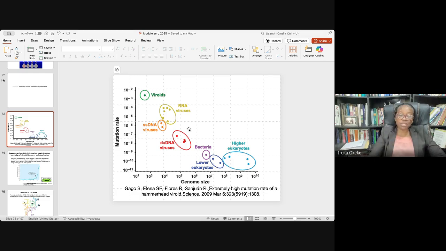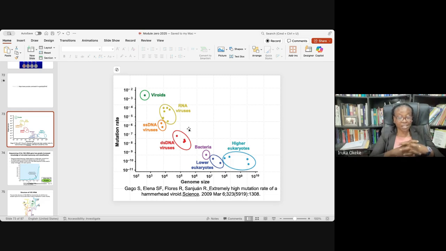The type of mutation that doesn't kill the organism but has an effect, that's rare. This is because, first of all, not all DNA is coding. So if you have a random mutation during replication, and that mutation occurs in a non-coding sequence, then it may not lead to any effect. It may, but it may not.